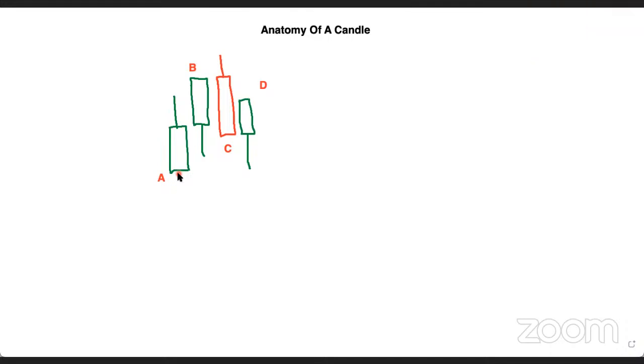Well, the body is the fat part, the wick is the skinny part. Put it that way. The body is not necessarily the top part, because the wick is at the top here. The body is just the solid area, the rectangle, and the base of the rectangle.